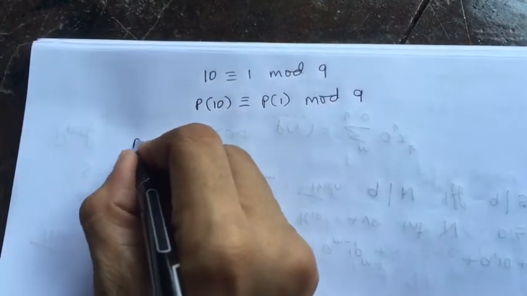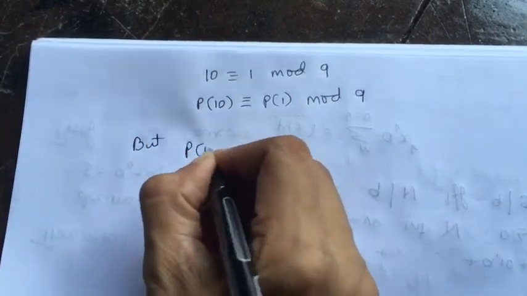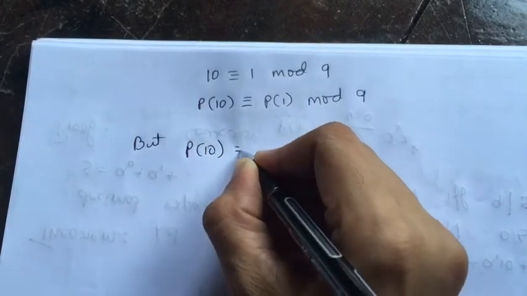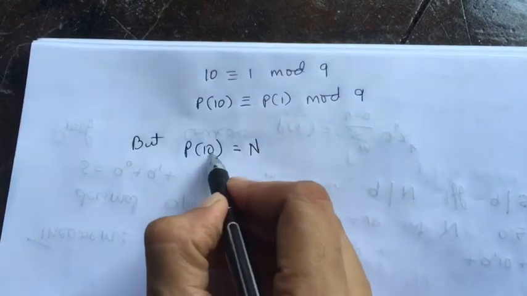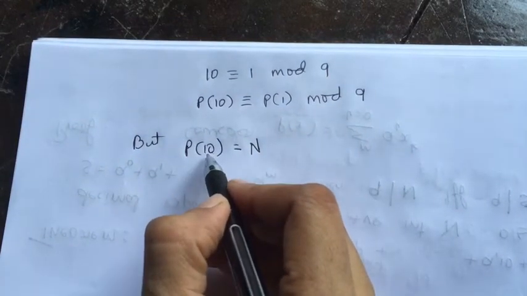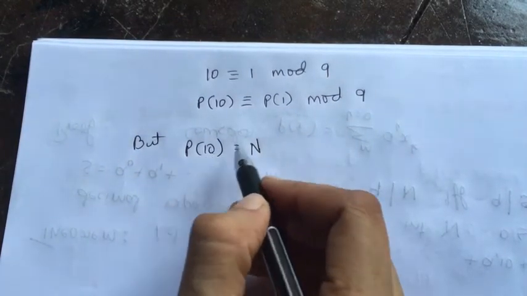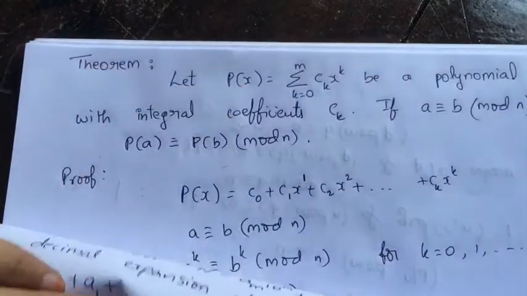But p of 10 is equal to n, right? It's a decimal polynomial function in terms of 10. So that is nothing but this representation itself.